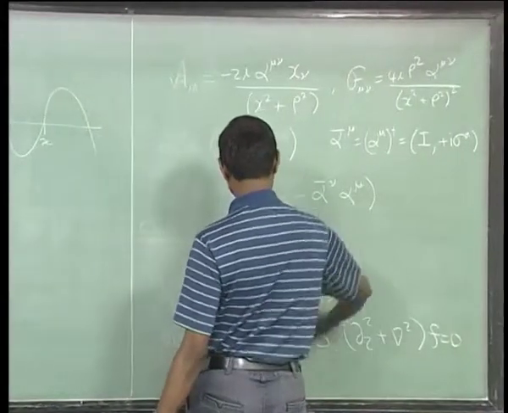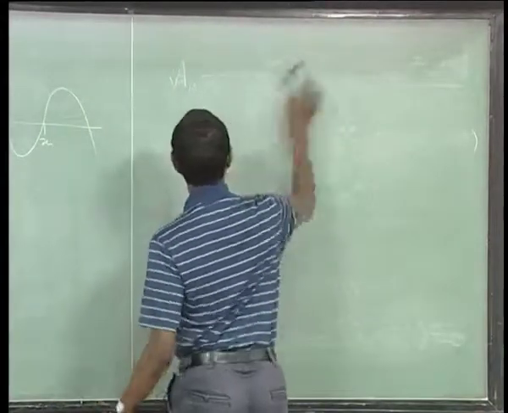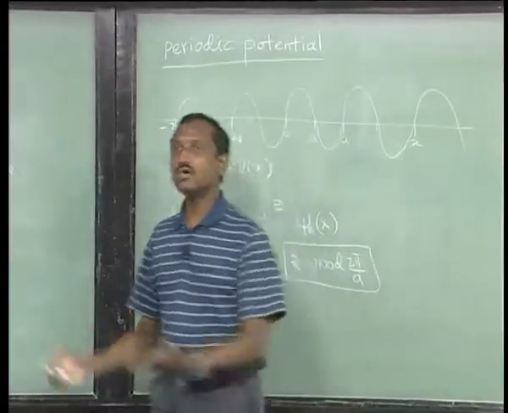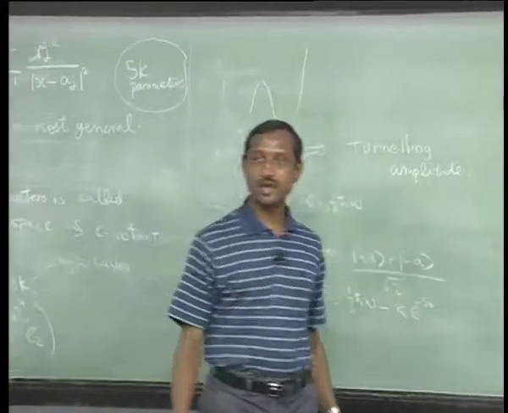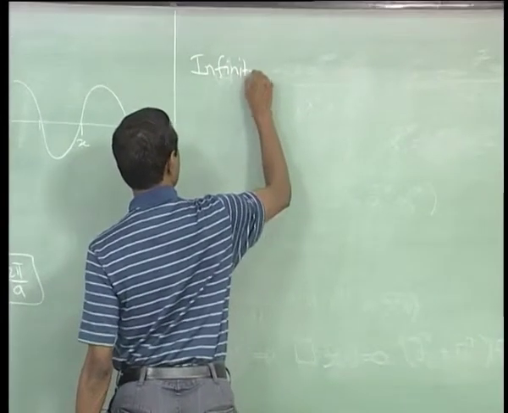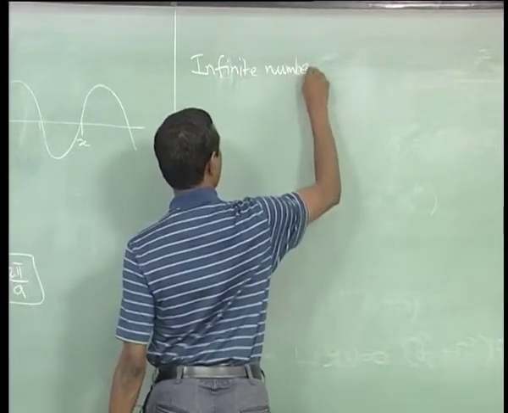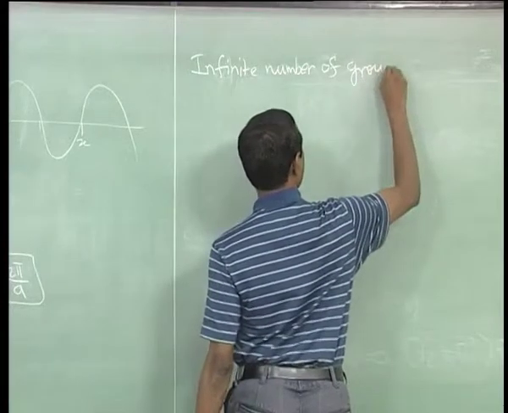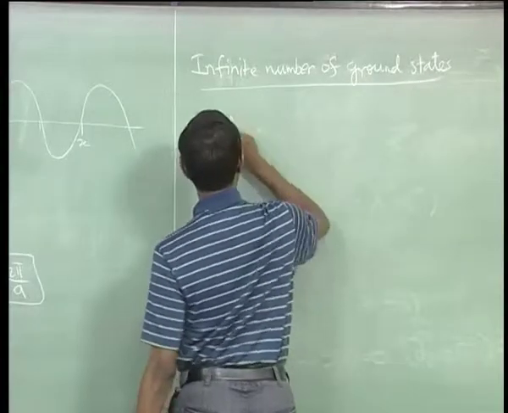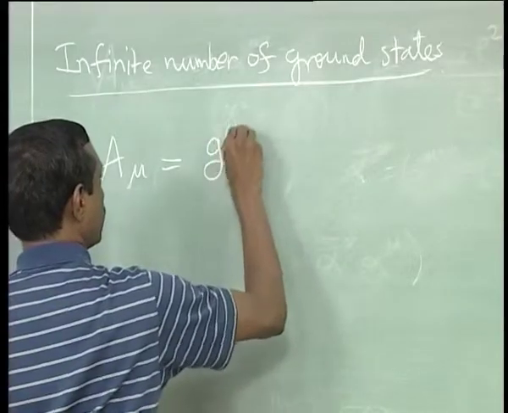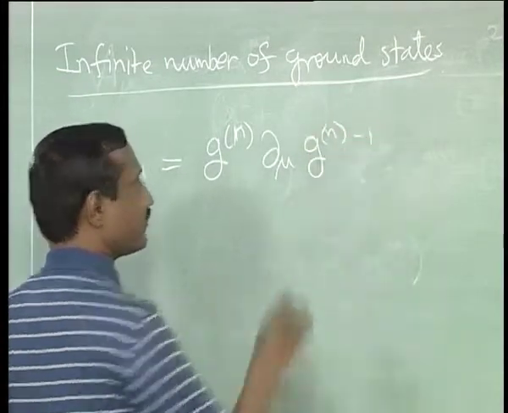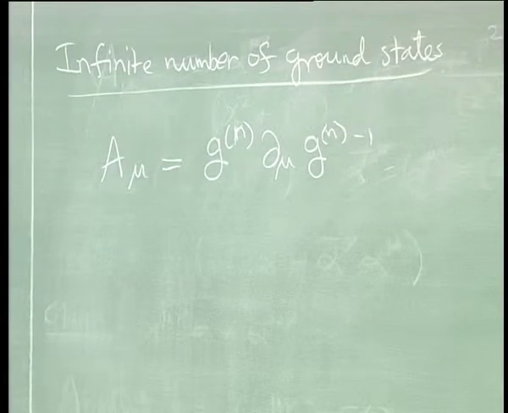So now let us come back to our instanton solutions. The situation is exactly like this. We have an infinite number of classical solutions, all of which have 0 action. And how is that? Just take A mu to be pure gauge, with winding number n, like we did last time.